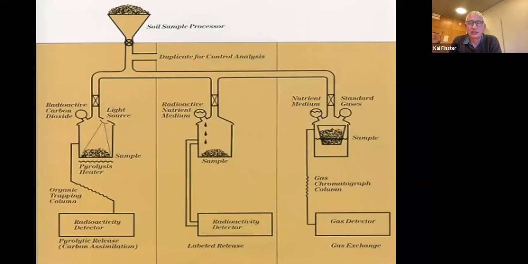So the idea was then to add a series of different compounds. It included sugars, amino acids, fatty acids, all kinds of stuff that microbes on Earth appreciate, like to digest and to produce CO2 from. And then this CO2 was led to a radioactivity detector, a Geiger counter type of instrument that could measure the radioactivity of the released CO2.